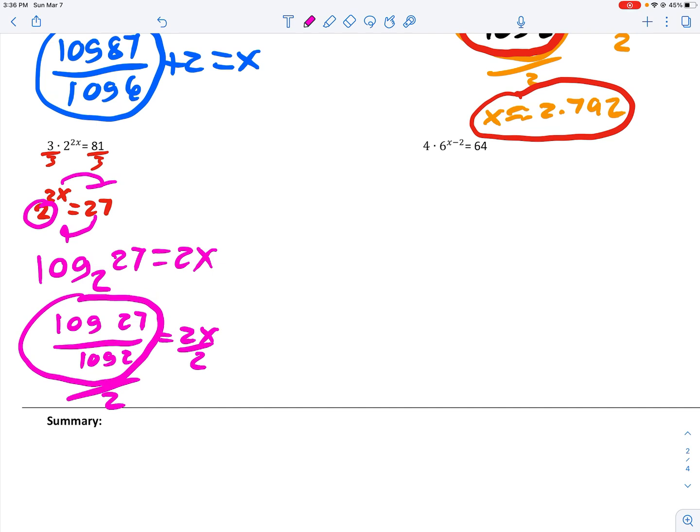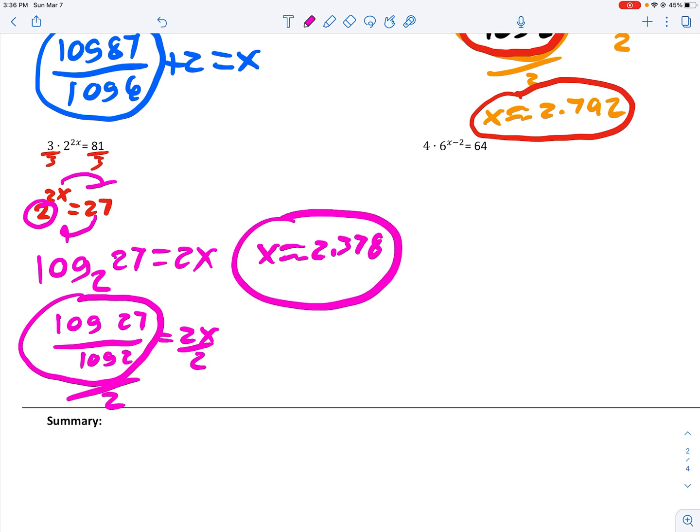And when you do that, you should get x is about 2.378. Now, yours could be off a little depending on how many digits you're rounding to when you do the division, but it should be very close to what I have. It should not be that far off.